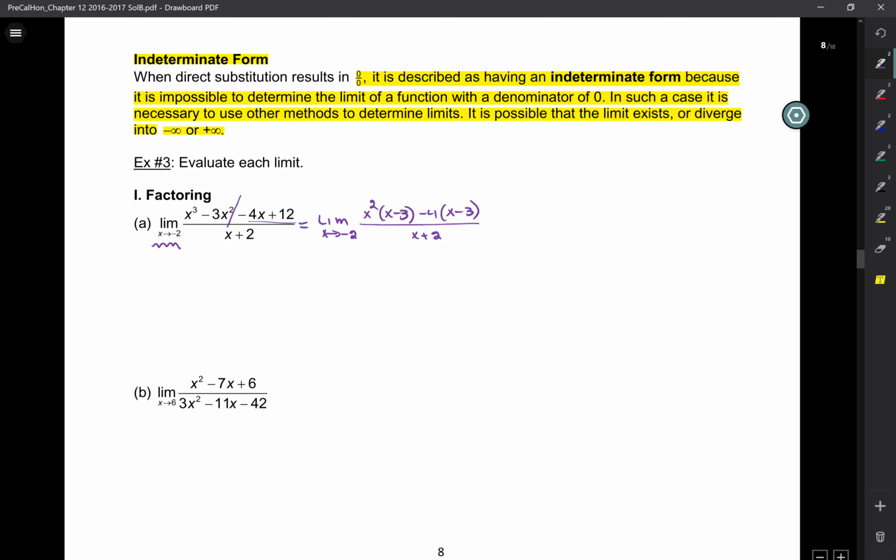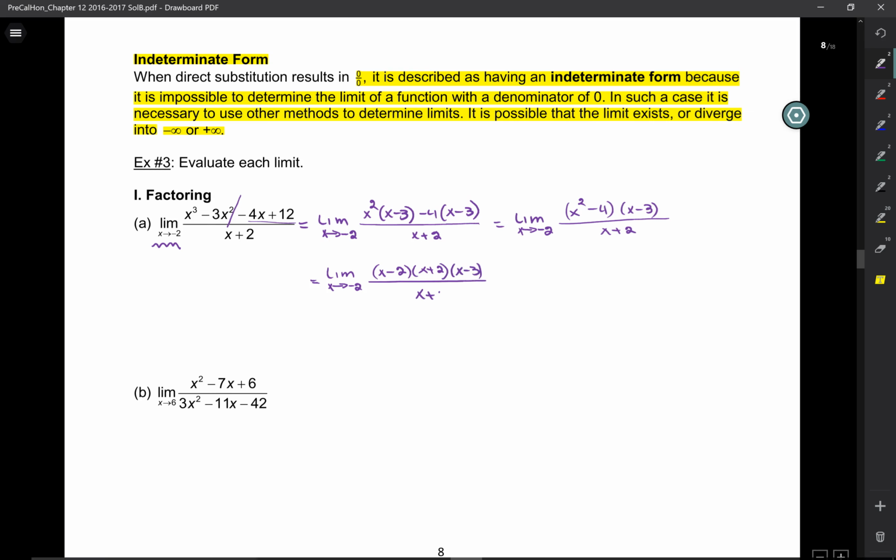So this is the limit as x approaches -2 of x squared minus 4 times x minus 3 over x plus 2. This is the limit as x approaches -2 of x minus 2, x plus 2, x minus 3, over x plus 2. Okay, what happens now?